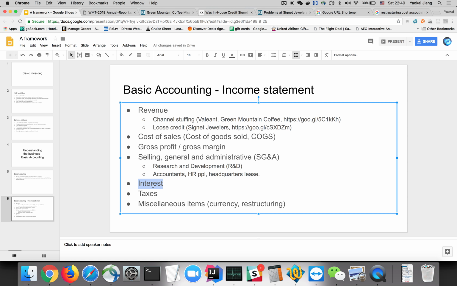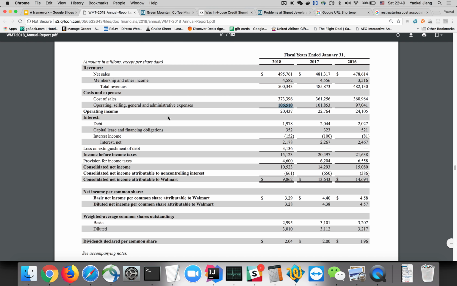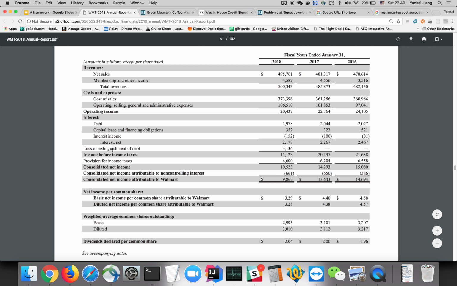And next one is interest. Very simple. It's just the interest that a company pays on its debt. And sometimes it also includes, in this case, these capital lease things.